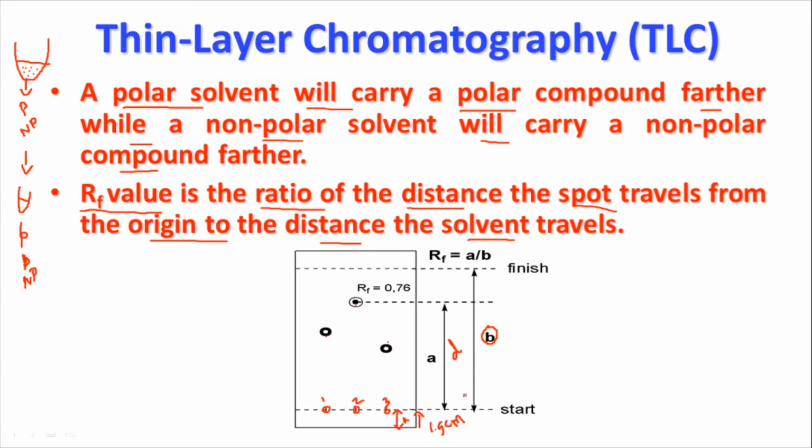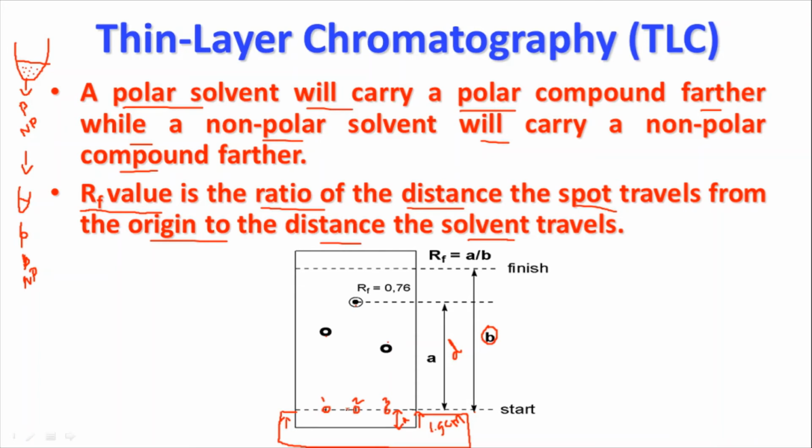B is called the distance moved by the solvent from the origin of sample application, not taken from the bottom of the plate. Why are we not taking it from the bottom side? Because up to here we are placing the mobile phase, so we cannot consider this area.